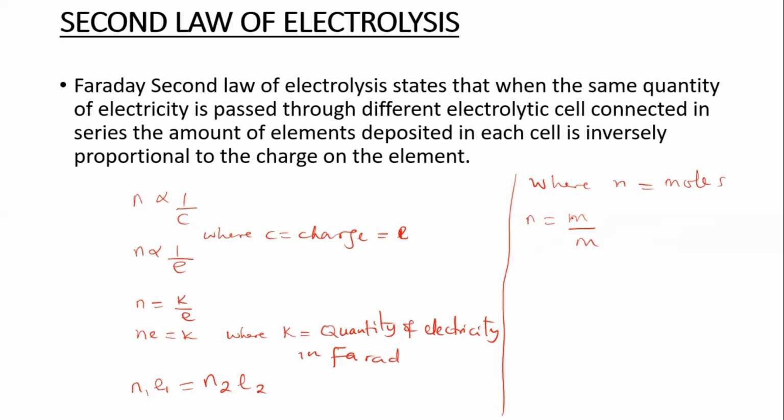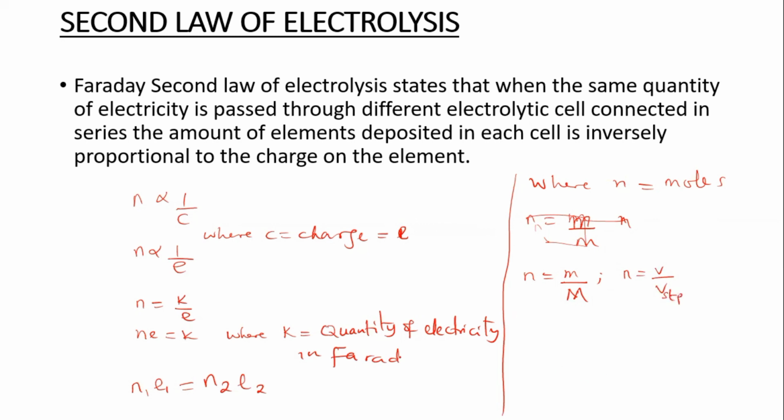So this is small letter m, and this is capital letter M. So this mole is mass over the atomic mass. It's also equal to volume over volume at STP.